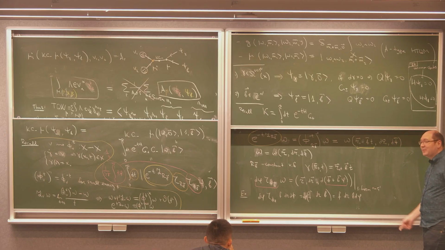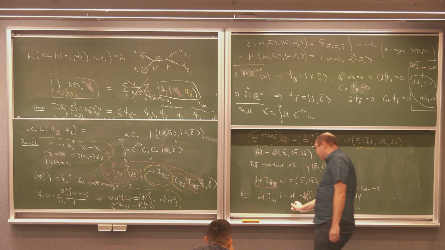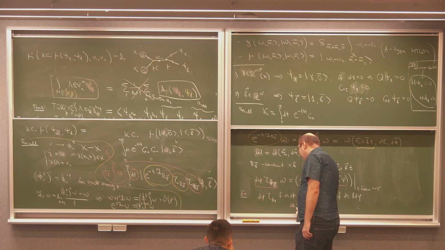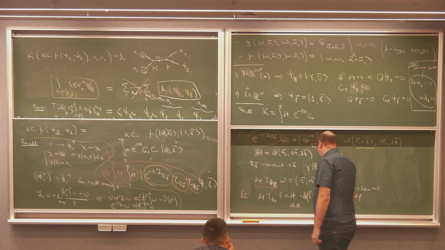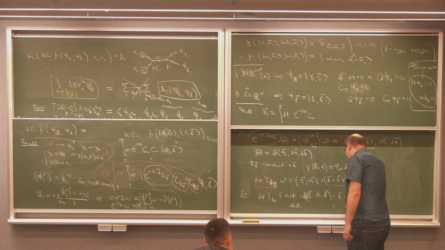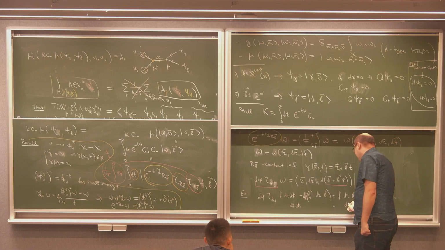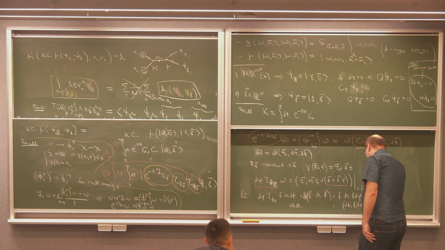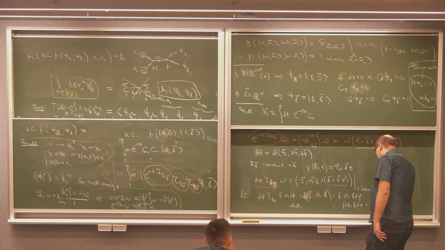But if you have two capital phis, say d phi 1, d phi 2, then at the end of the day, we will have something like d phi 1, d2 d phi, plus d1 d phi, d phi 2.